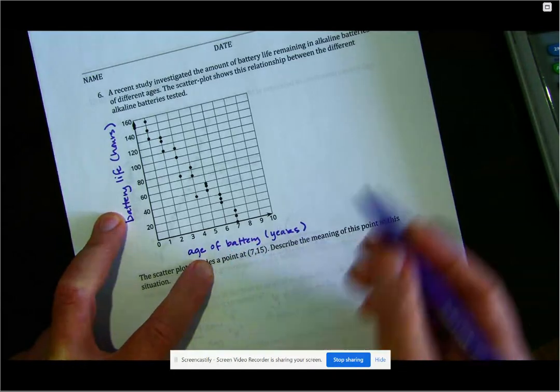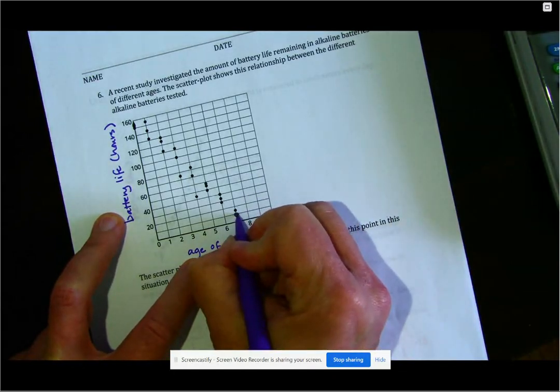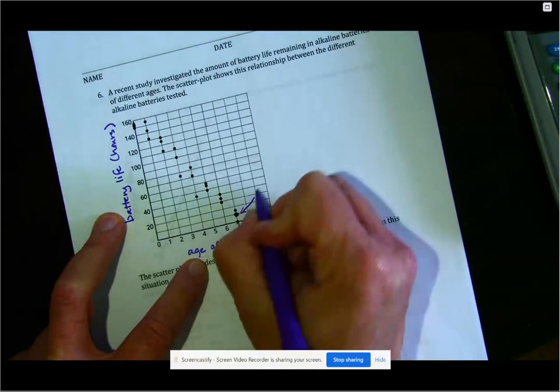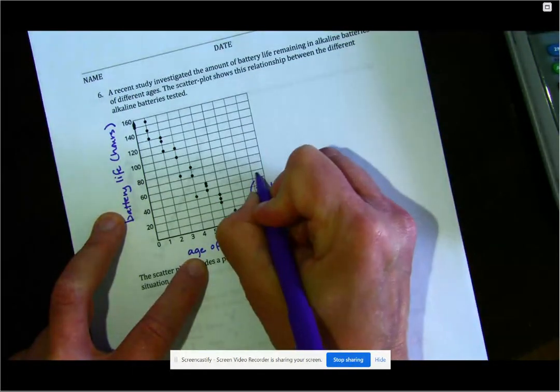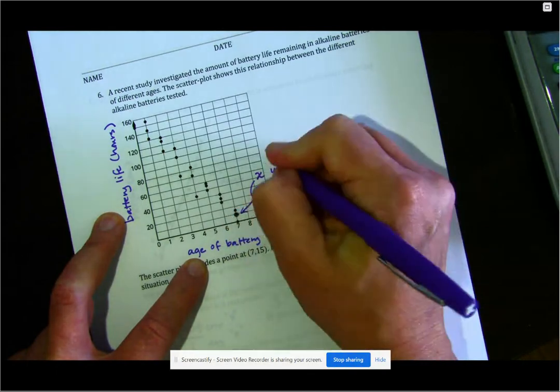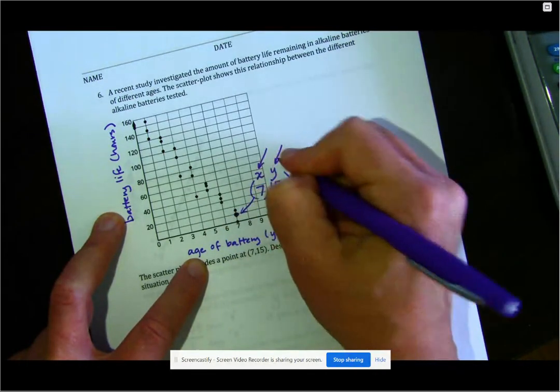I'm sorry. So this right here, 7, 15, it's asking you to interpret that. The easiest way to do it is to remember this is X and this is Y and to put the labels there. Okay.